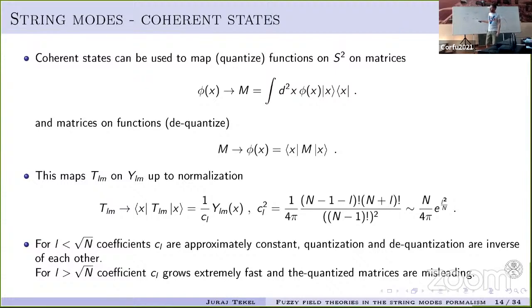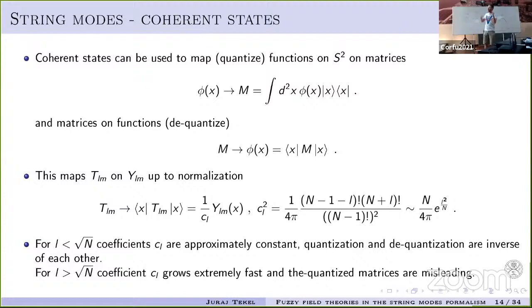You see that this expression in the Lagrangian limit behaves very differently for L smaller than the square root of n and L larger than the square root of n. For L smaller than the square root of n, this is essentially a constant, and these two maps are basically inverse of each other, and everything works nicely. For greater L, this C starts to do some funny things, and it is not that simple.